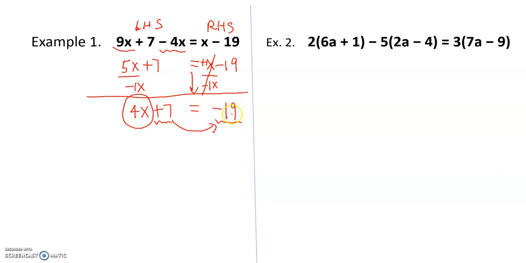So we don't want to move negative 19 to the left, because in that case, you are not separating the variables and the constants. So we want to move 7 to the right by subtracting 7 from both sides. Or if you memorize the rule, when you move 7 from the left to the right, you have to change the sign. So now we get 4x on the left and negative 26 on the right.